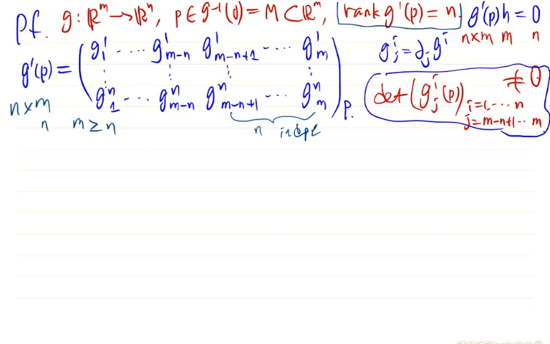So from the condition G prime P H is 0, because the matrix is invertible, if m equals n, then G prime P is an invertible square matrix. So from this being 0, we conclude that H is 0. Now, H is 0, the result is trivial.